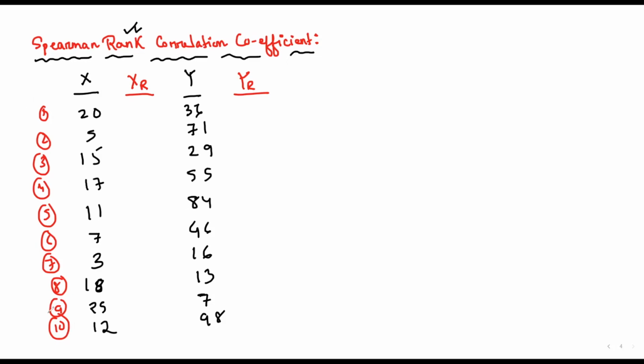There are 10 variables, so the lowest number will get rank 10 and so on, and it will increase. What is the lowest number here? 3, so it will be rank 10. Then the lowest number is 5, so it will be 9. Then 7, so it will be 8.